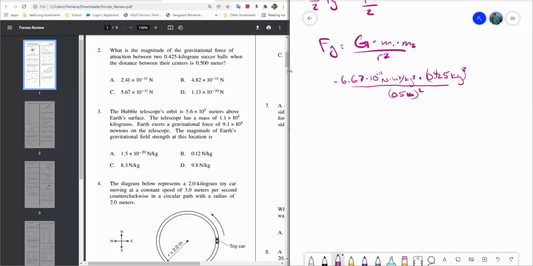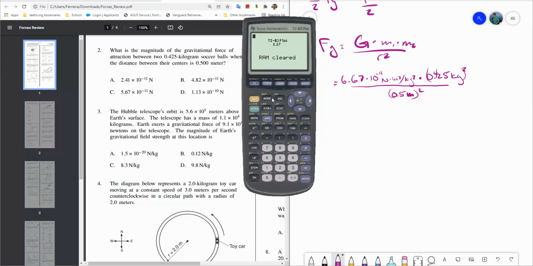If you do this in a calculator, let me pull up a calculator quickly. Here we go.